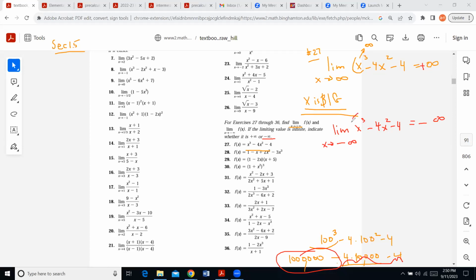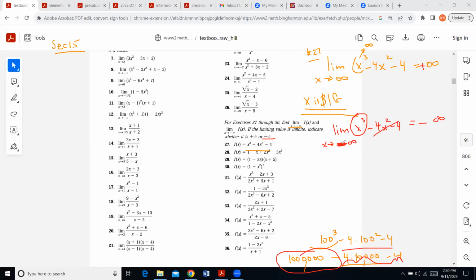Again, the reason is that all I care about is the dominating power, the largest power, because the rest is not really making much difference, as we just saw here. And since the power is 3, and we are dealing with a big negative number, when x approaches negative infinity, it's like negative million, negative 10 million, negative 100 million.